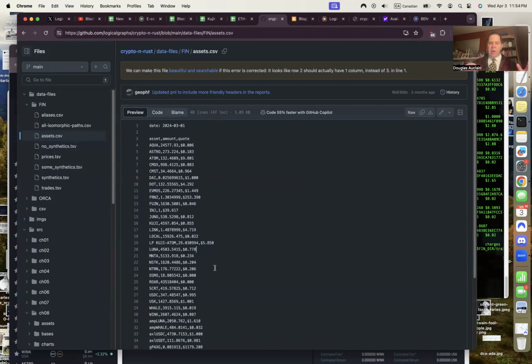And so even though the assets file does not have the current price, it has the average cost basis of my assets. And that is important for tax purposes because when I sell these assets, I'm selling these assets at my average cost basis.